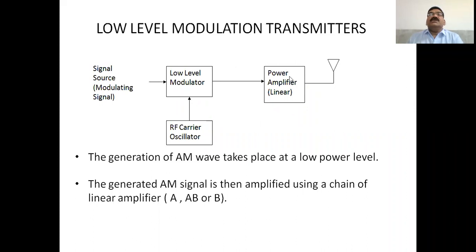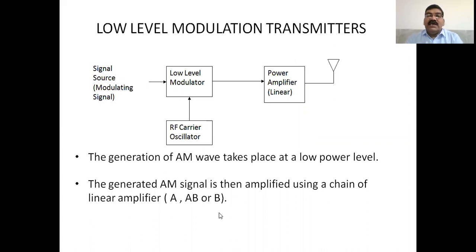So here, this is the power amplifier. In most transmitters, the last block is the power amplifier if you want to use it for longer distance. Now the AM generation will take place at the lower level, and the amplifier may be class A, as you are aware, AB or class B, with their advantages and other things.